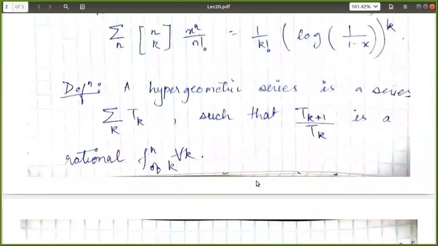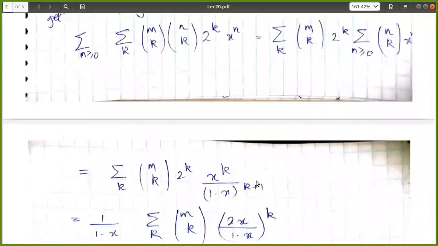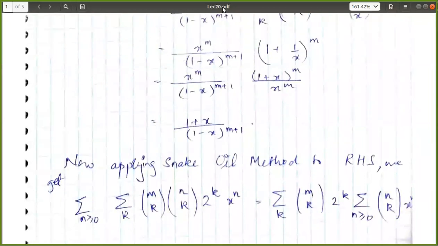So for instance, what you have seen so far, all the examples. Let me just open the previous lecture. Can you see example 1 on the screen now?